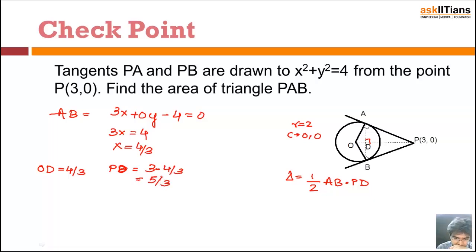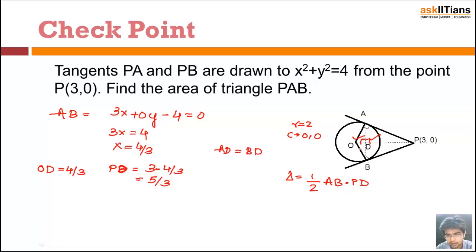Now we have PD. We need to find out AB. How can we find out AB? We know that the perpendicular from the center to a chord bisects the chord. This is perpendicular, because if this angle is 90, then this angle will be 90. So OD is perpendicular to AB and OD is the perpendicular from the center. That means it will bisect the chord AB. So AD and BD are equal.